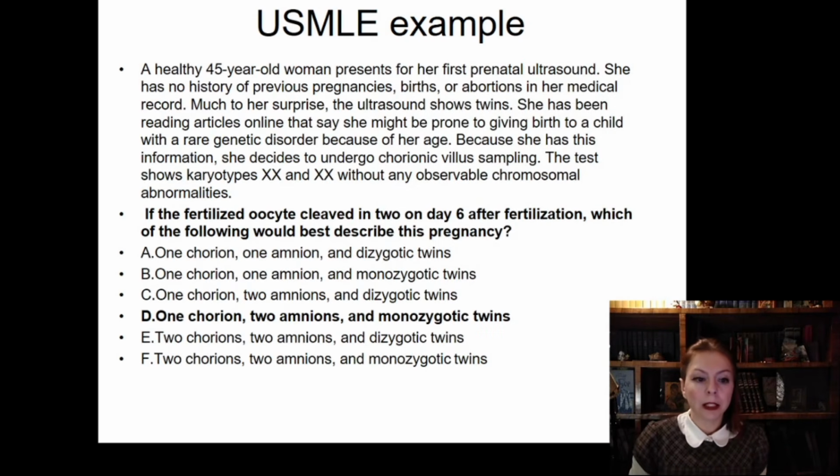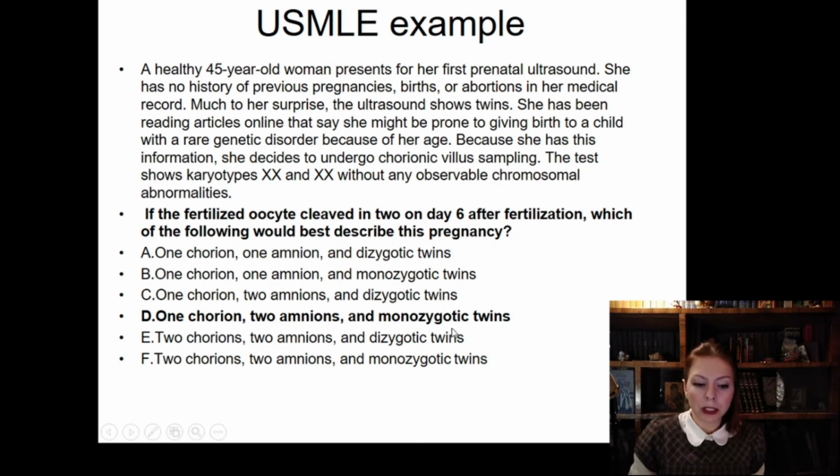Okay, let's move on. And here we can see an example from the USMLE database questions highlighting the importance of the above mentioned information. So what is the question? Let's read thoroughly. A fertilized oocyte cleaved in two on day 6 after fertilization. Which of the following would best describe the pregnancy?